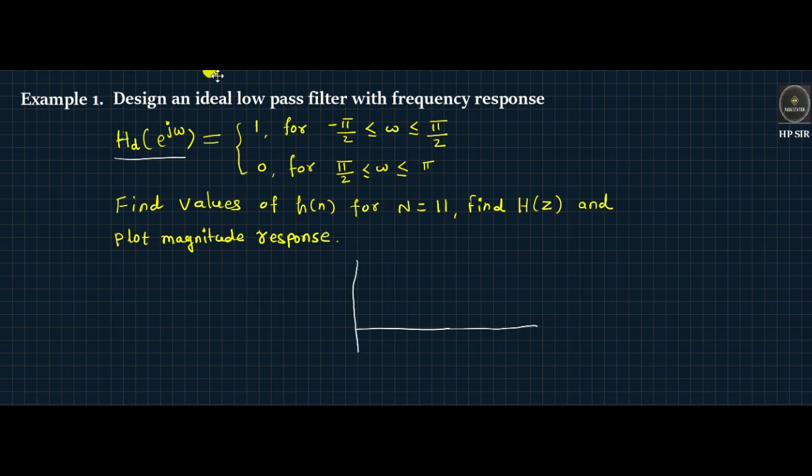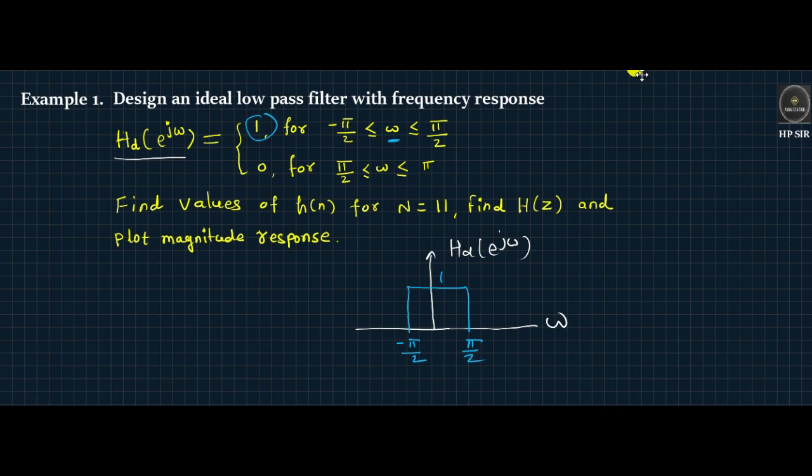One axis is omega and the other is Hd of e raised to j omega, and its value is 1 from minus pi by 2 to plus pi by 2. That is the meaning of this.